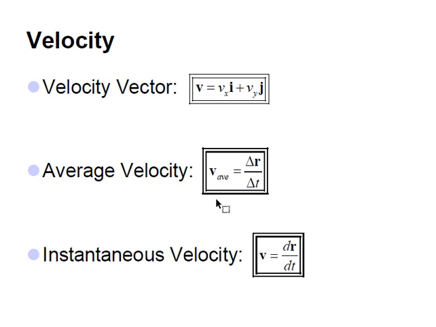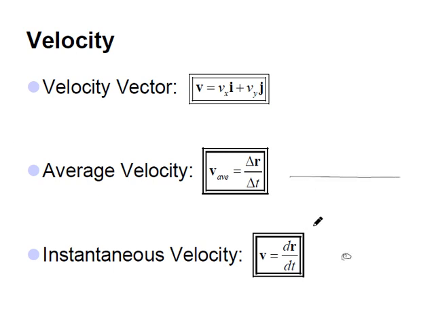Then average velocity, the same thing: v average is going to be the change in position over the change in time. Don't forget this little change right there. Instantaneous velocity is going to be the little change in r over the little change in t, because we are concentrating at a point.